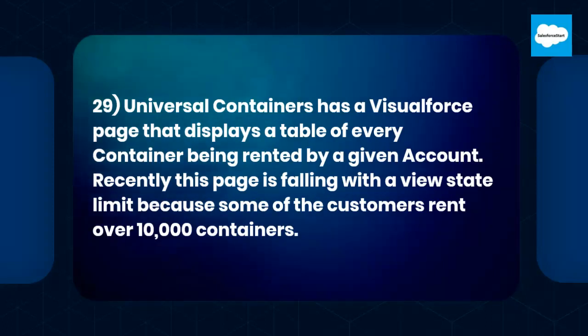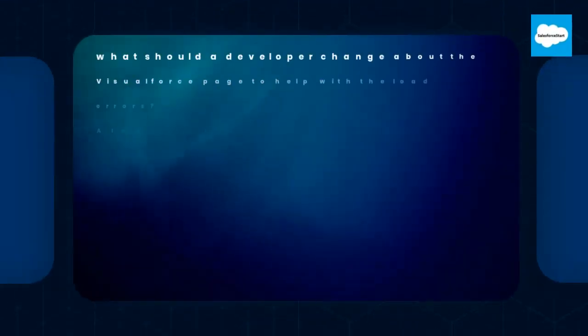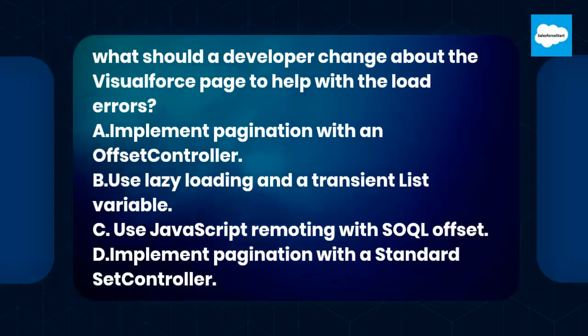Q29. Universal Containers has a Visualforce page that displays a table of every container being rented by a given account. Recently this page is failing with a view state limit error because some of the customers rent over 10,000 containers. What should a developer change about the Visualforce page to help with the load errors?